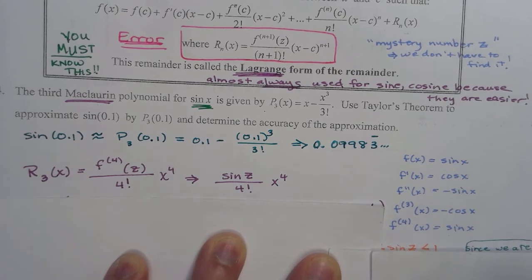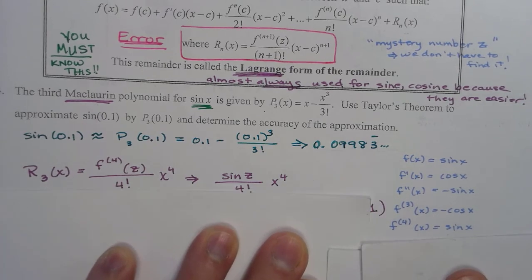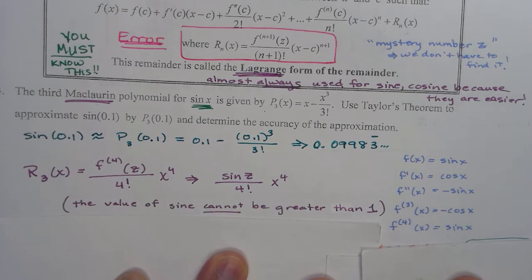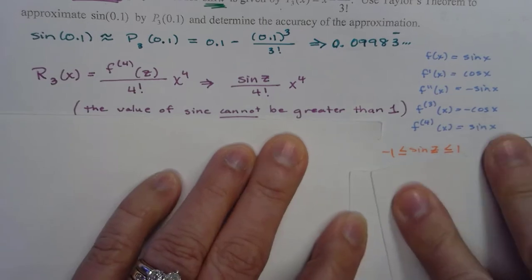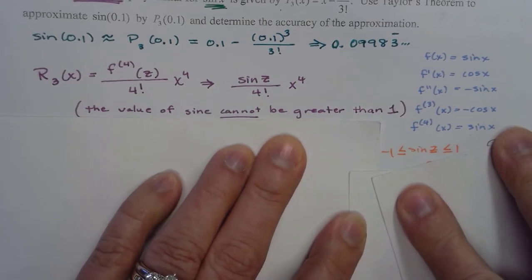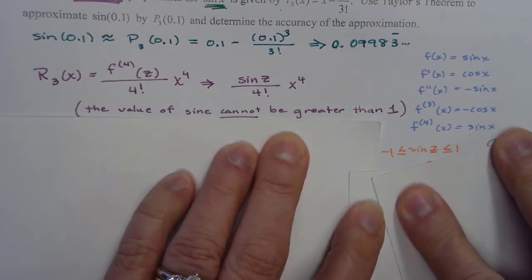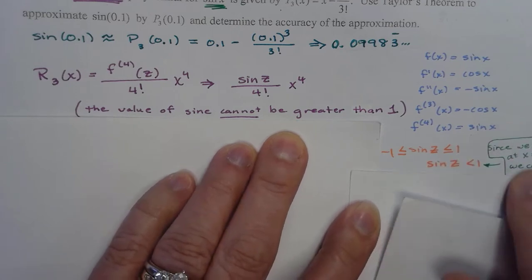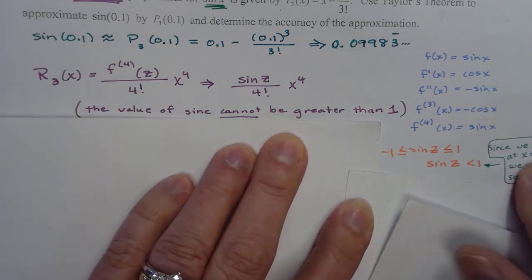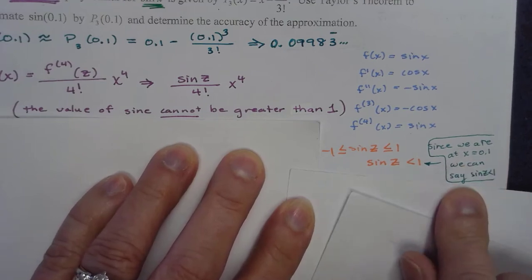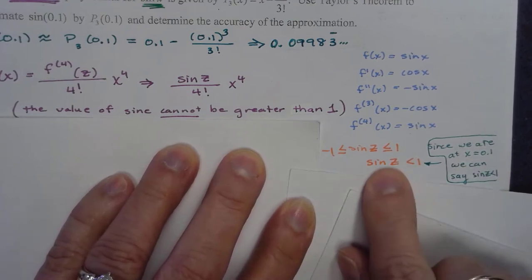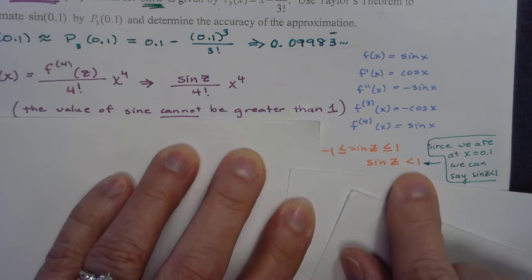Now, what do we know about sine? Well, we know the value of sine cannot be greater than 1. In fact, we know that all values of sine fall between -1 and 1. And since we're near x equals 0.1, we can say with confidence that the sine of z, whatever z is, is less than 1.